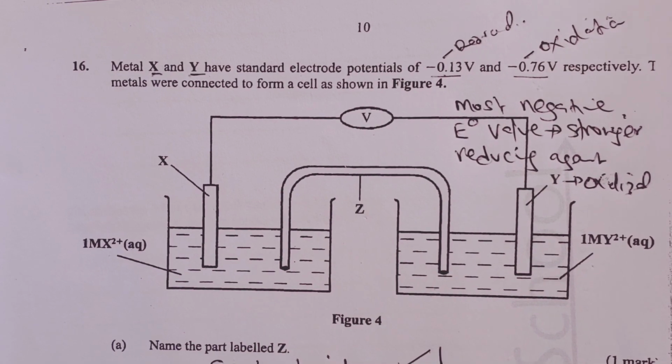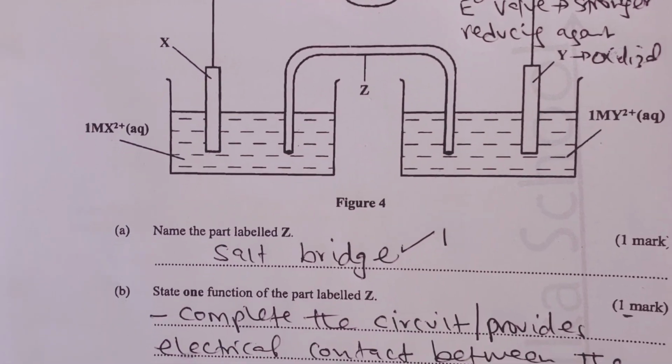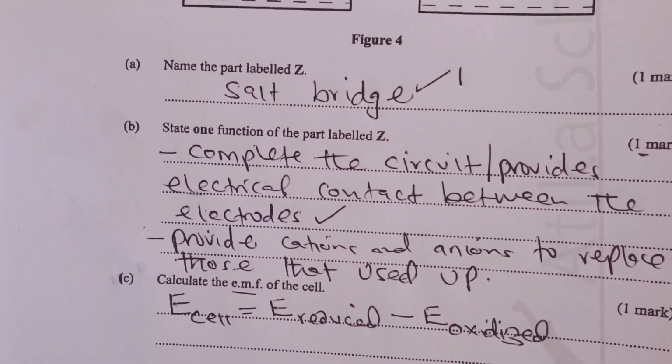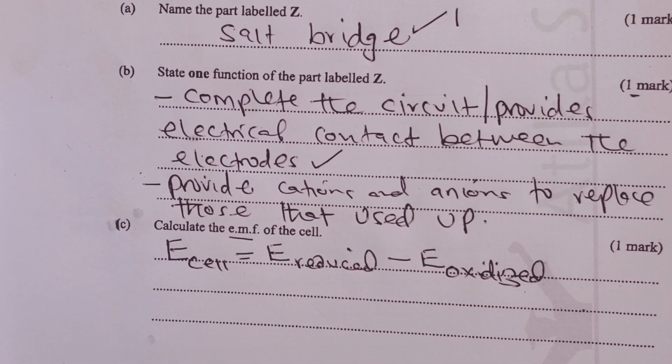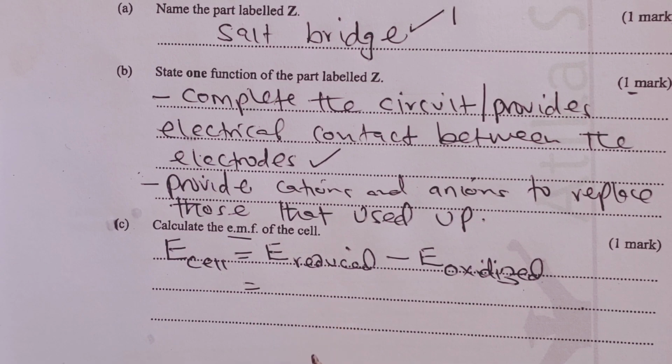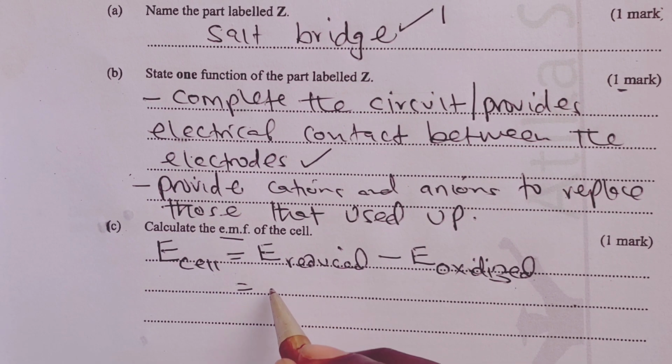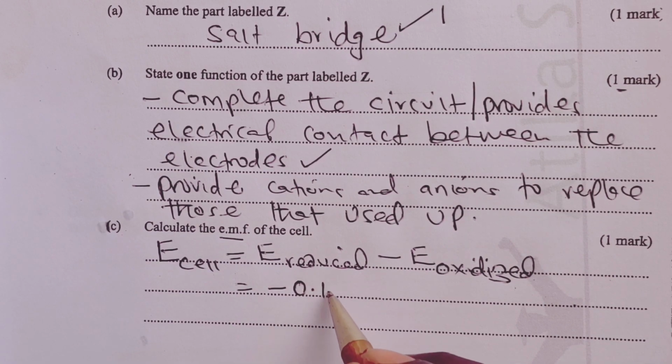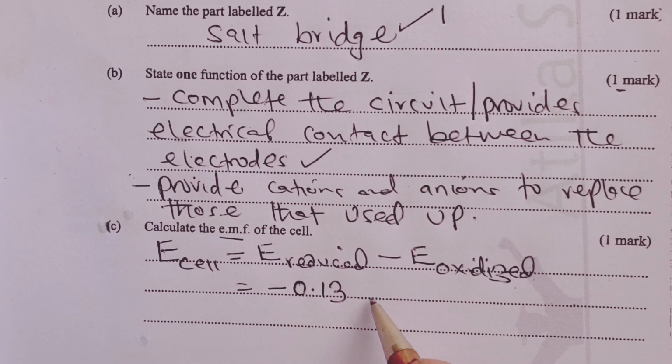Let's now move on and answer our question by calculating EMF. So we've agreed the reduced species is going to be our half cell X with a standard electrode potential of negative 0.13. From it, we shall subtract the standard electrode potential of half cell Y, which shall be oxidized.